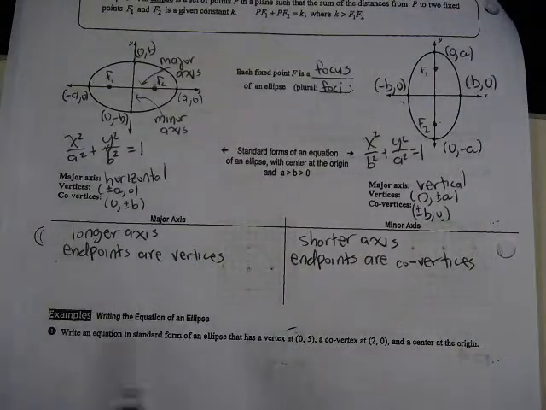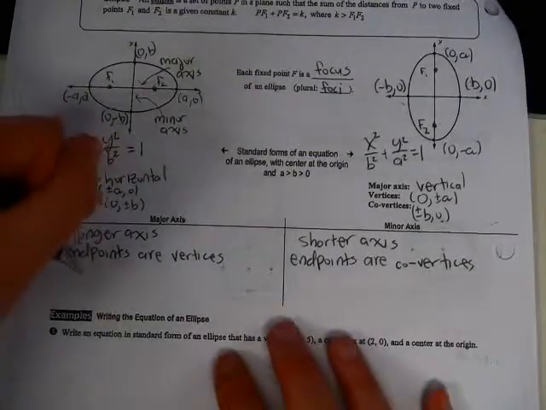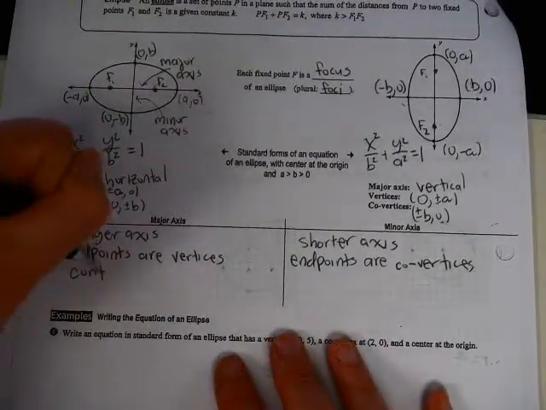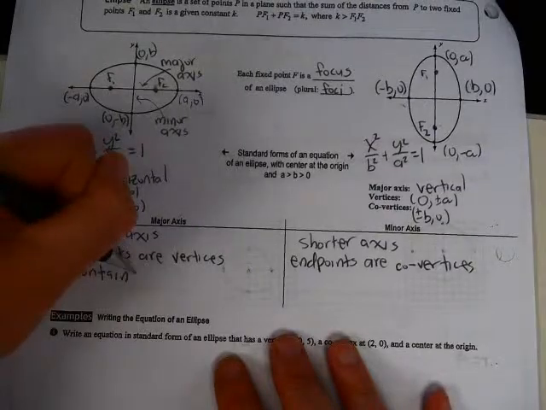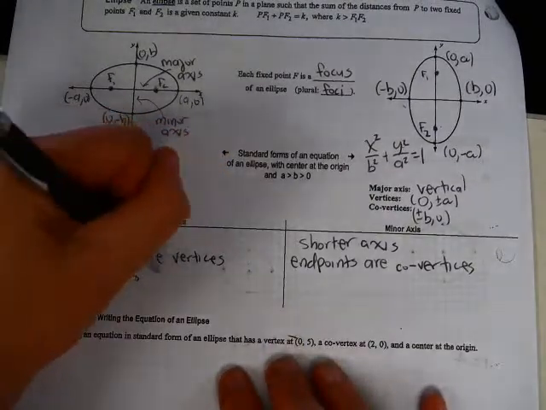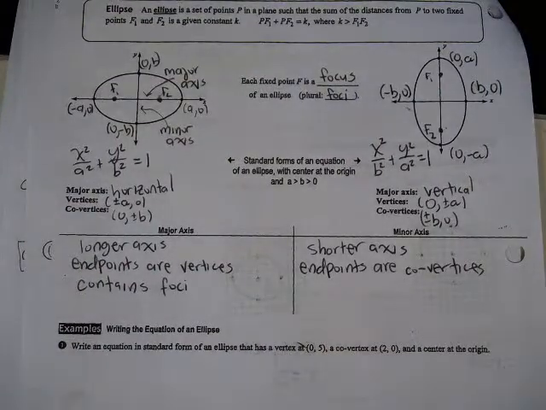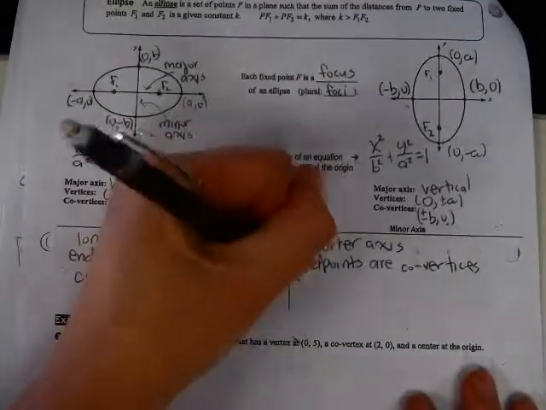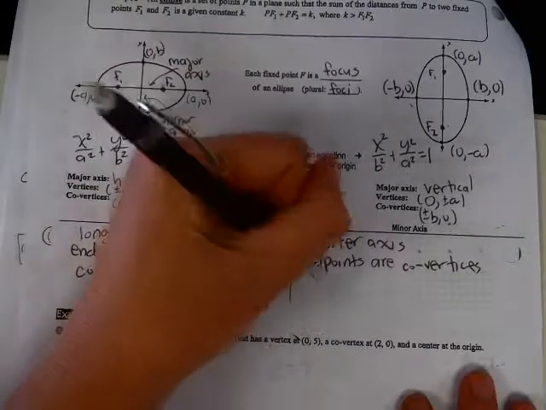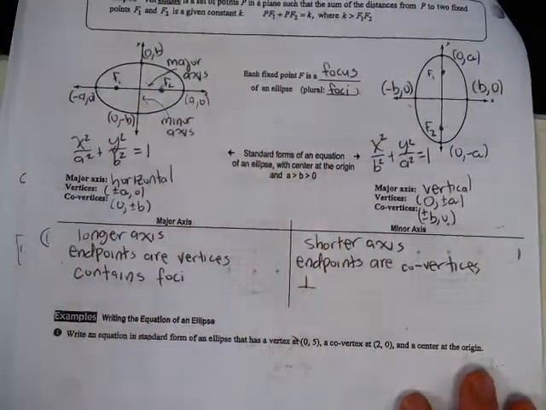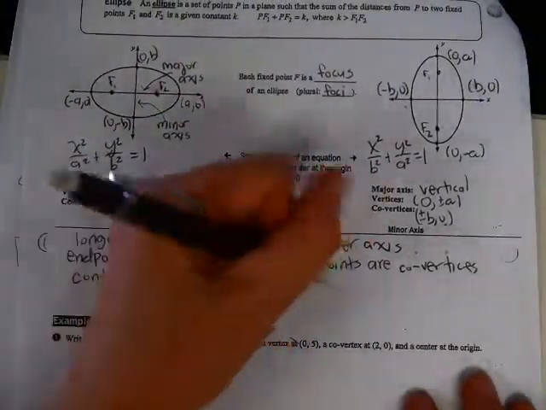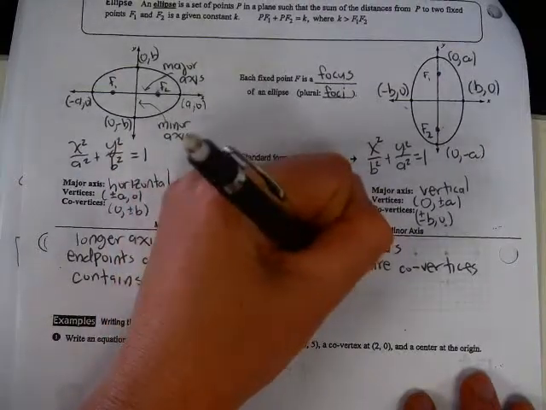And the major axis always contains the foci. The minor axis is always perpendicular to the major axis.